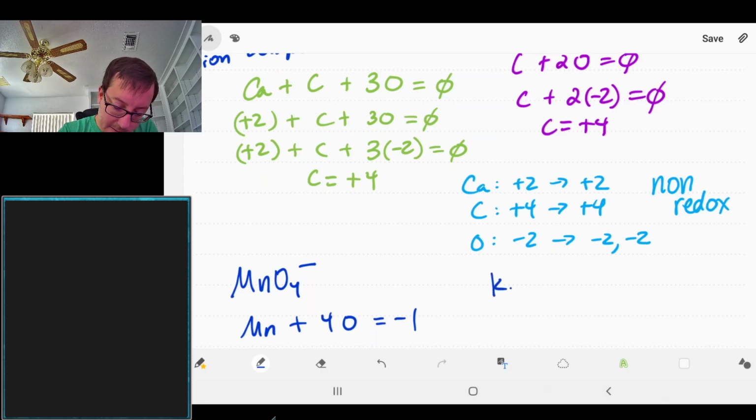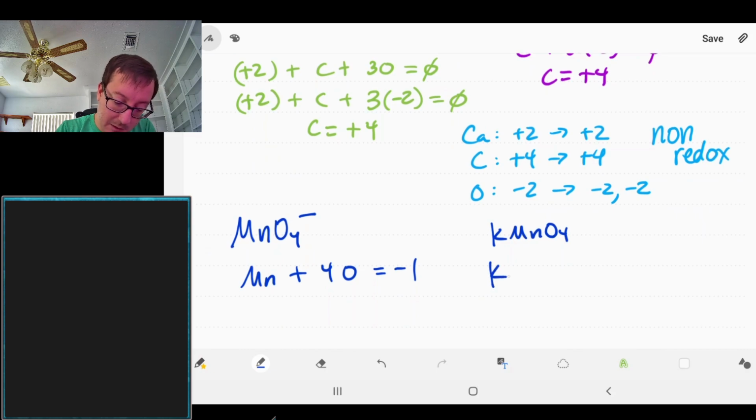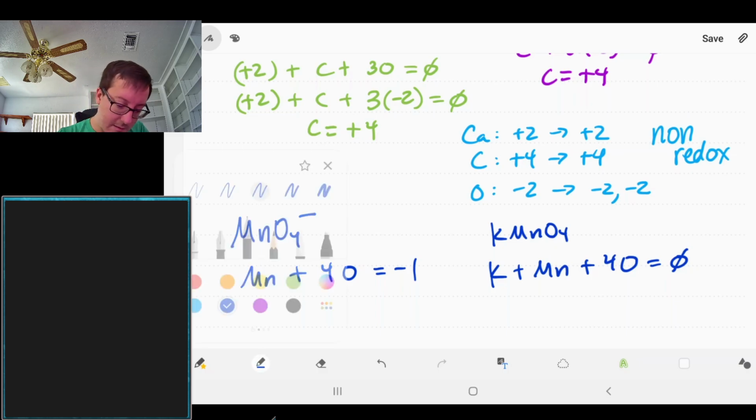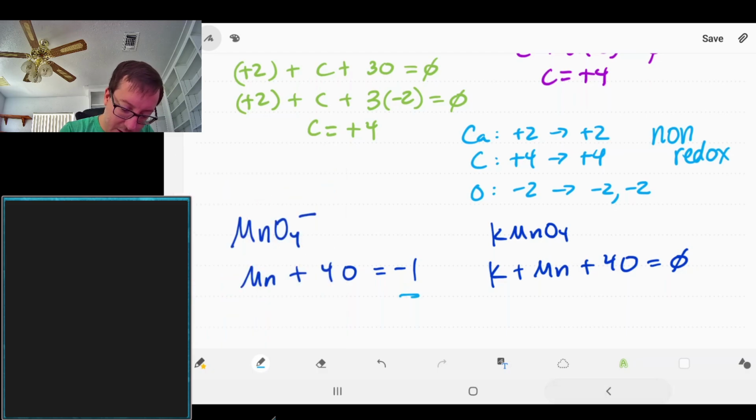But notice, if we put a potassium with that, now it's a compound, so we have to treat it as a compound. We have to set it equal to 0. And we're going to see that everything is going to be the same anyway, either way you look at it, but that potassium is there for charge balancing. That potassium gets rid of that -1. This -1 charge is what's taken care of by potassium if we were to put a potassium there. Because potassium is a +1, right? So those two would cancel out.